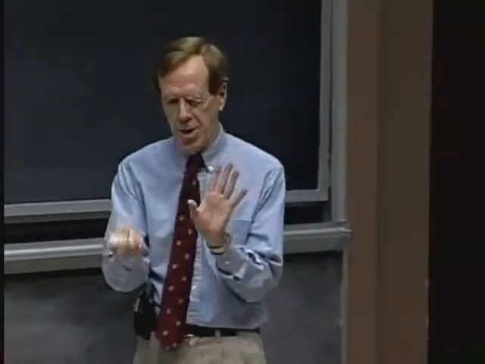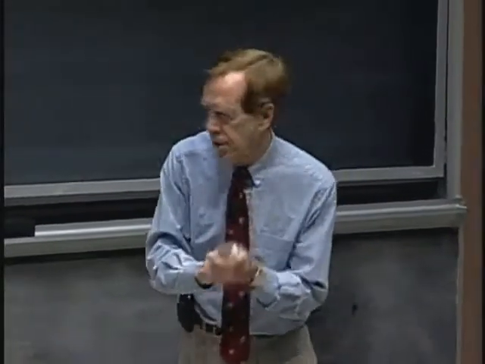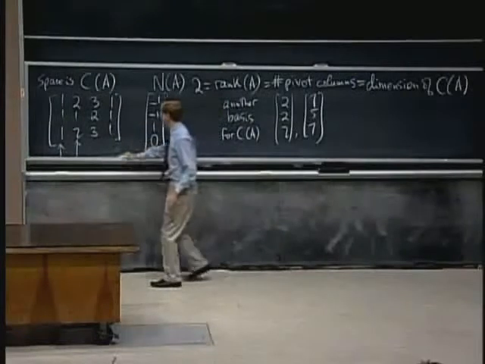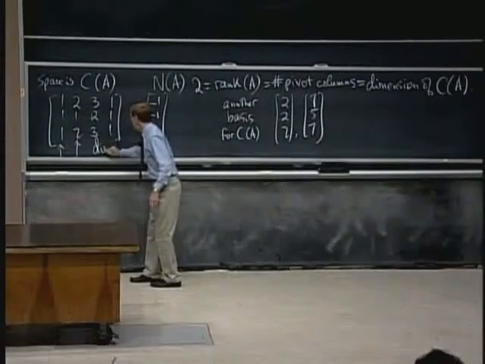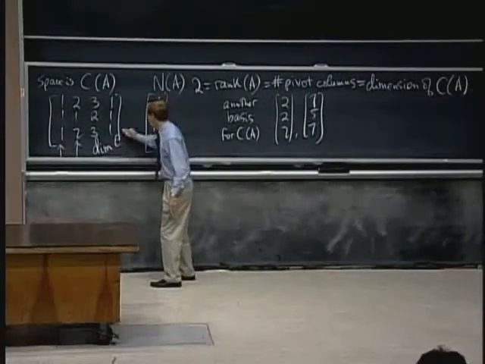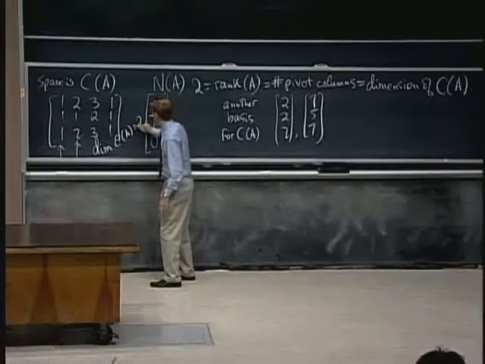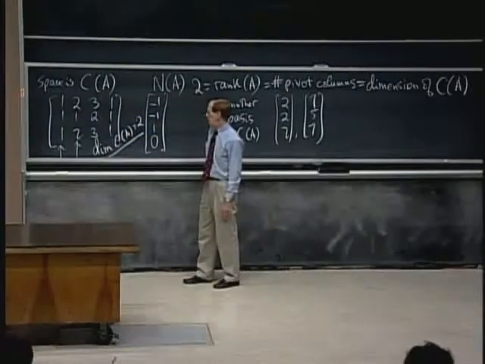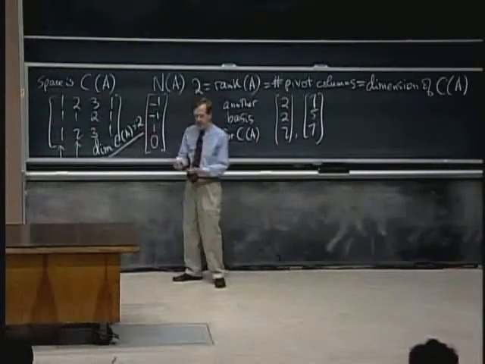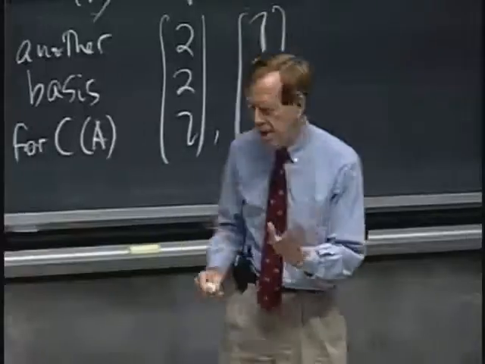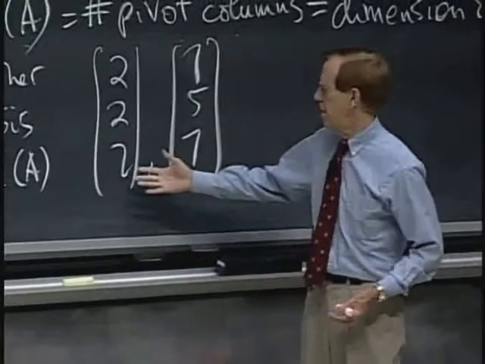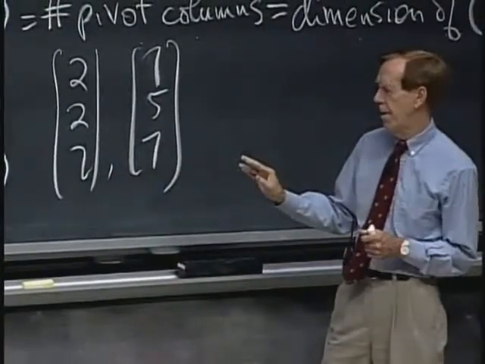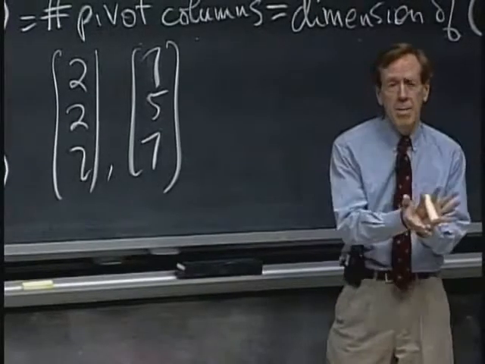If you know the dimension of the space you're working with, and we know that the dimension, DIM, of the column space is 2, and we have a couple of vectors that are independent, they'll automatically be a basis.